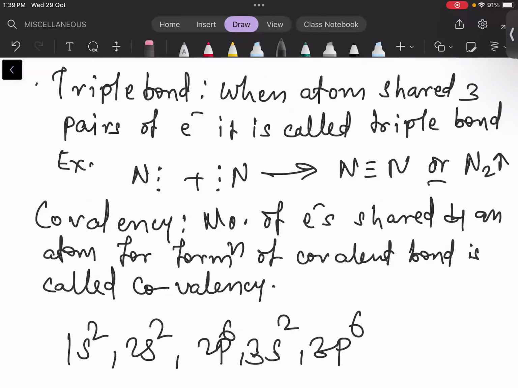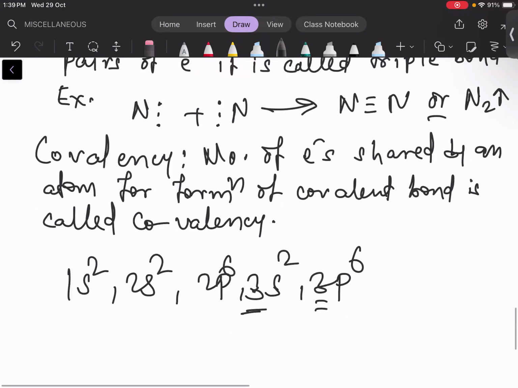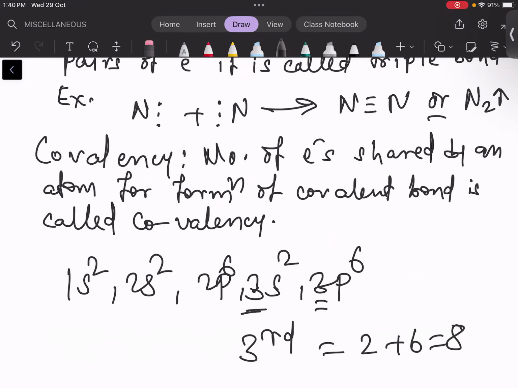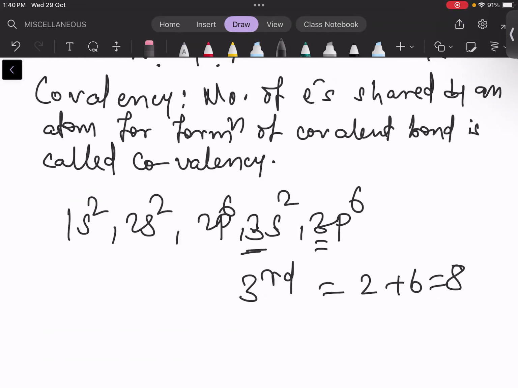See, what is valency? Electrons present in the outermost shell. Now, in this case, the third shell is the outermost shell, right? So how many electrons are present in the third shell? Whatever I wrote as the superscripts, those are nothing but electrons. So in the third shell, 2 plus 6, 8 electrons.